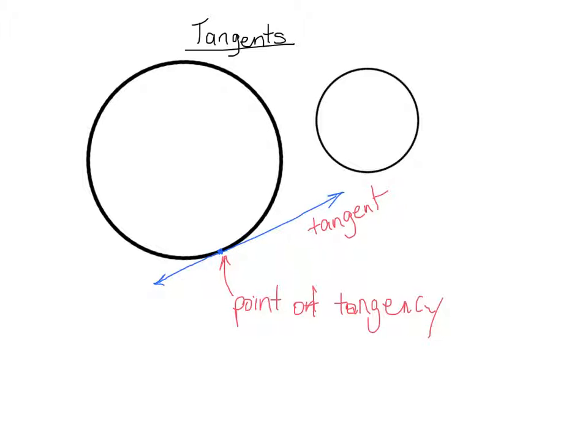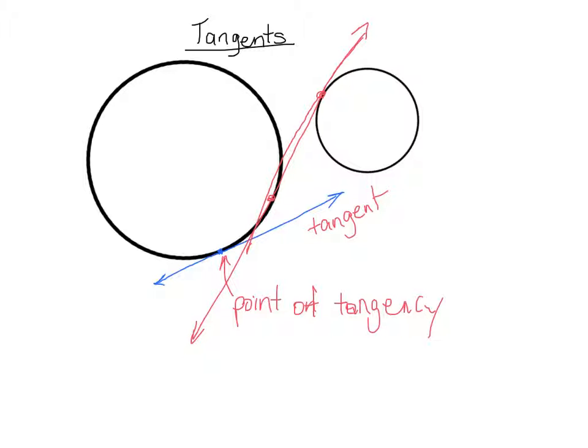It's a little hard to draw, but imagine if my line wasn't so bendy and it touched 1 point here, 1 point here. That would be considered a common tangent to both circles. So that's basically what a tangent is: a line, segment, or ray that touches a circle in exactly 1 point.